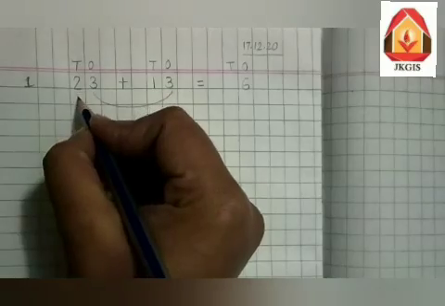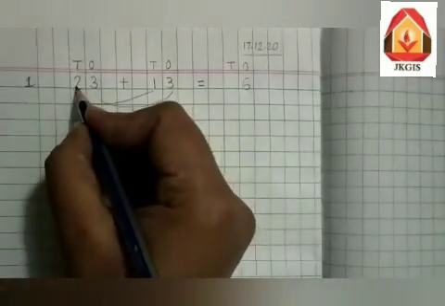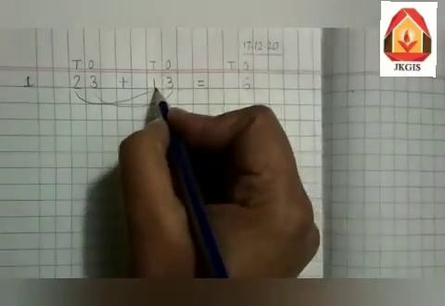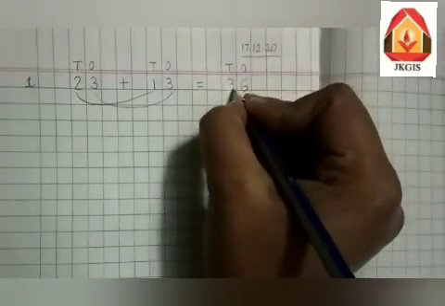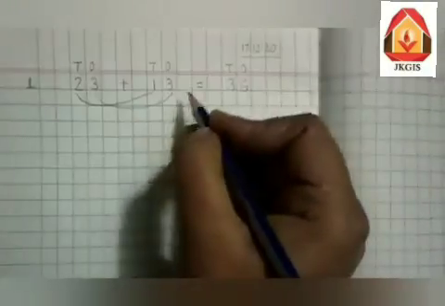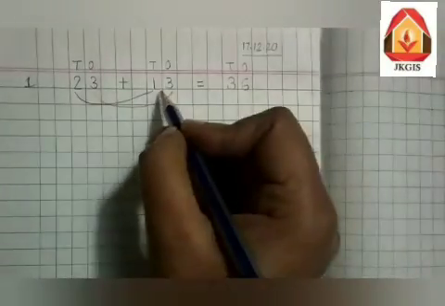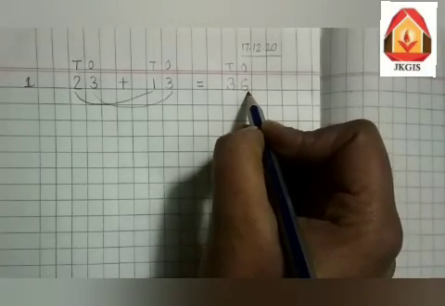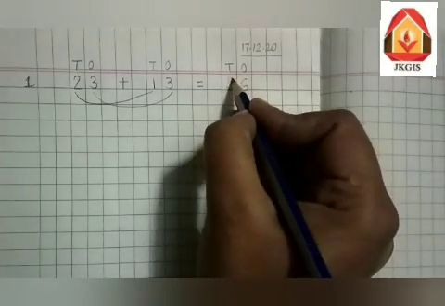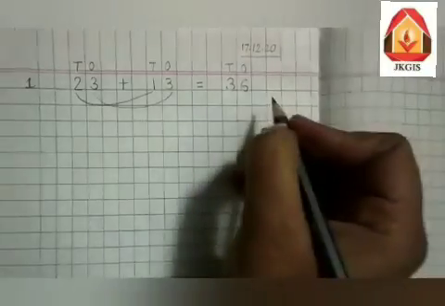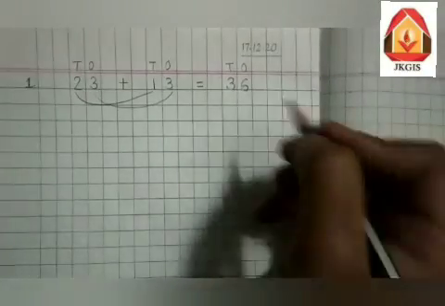So numbers present on tens place are 2 plus 1. So 2 plus 1 is equal to 3. So this way we can solve the problem. 23 plus 13 is equal to 36. And this is the horizontal addition.